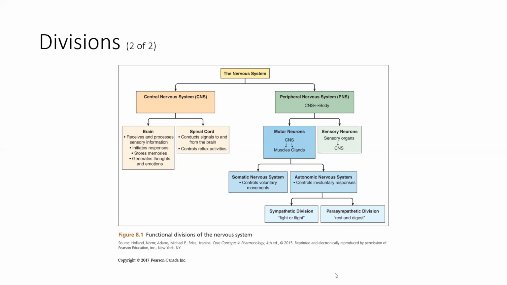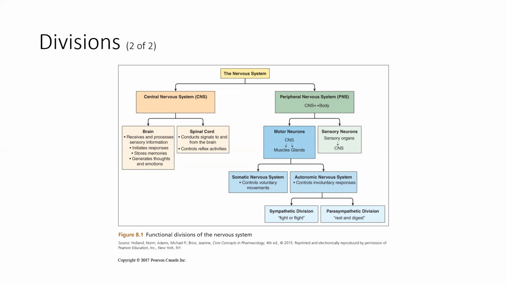And PNS is called the peripheral nervous system, which is further divided into motor neurons and sensory neurons. When the signals are going from the CNS to the body muscles and the body glands, those neurons are called motor neurons.